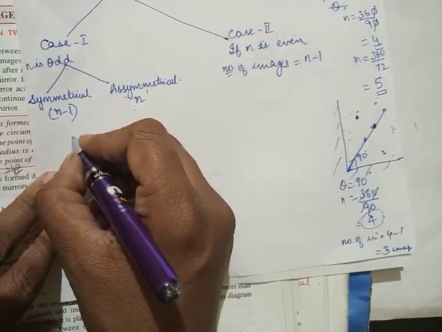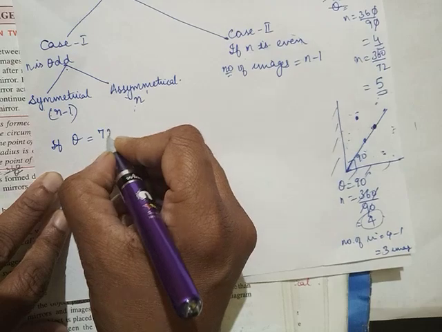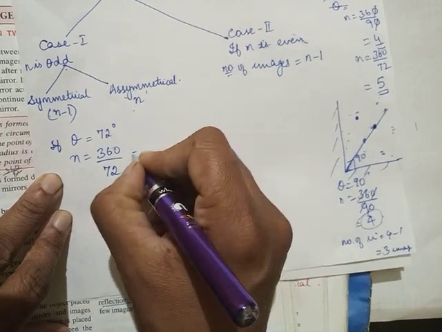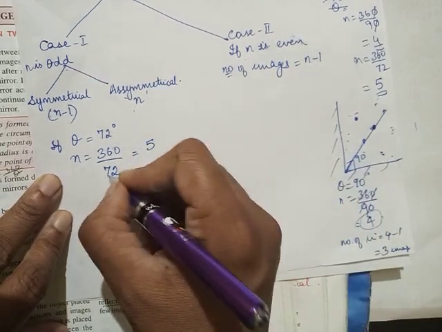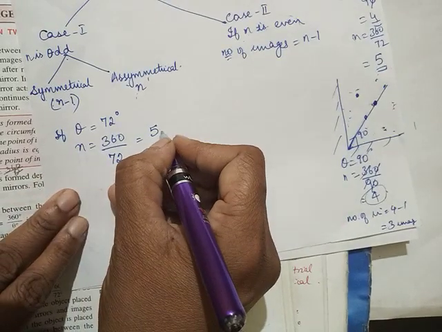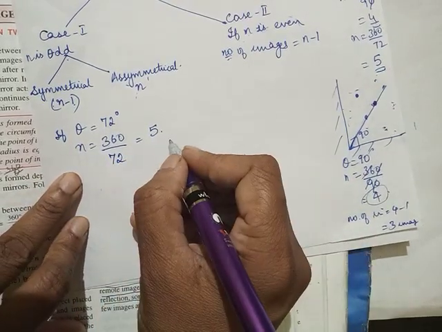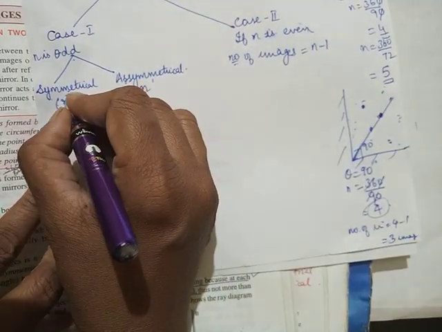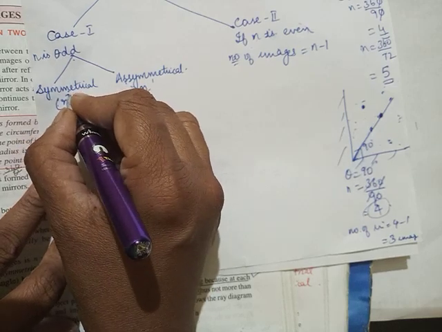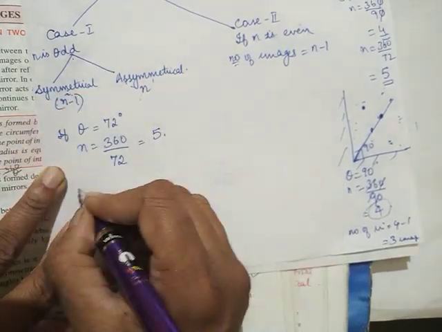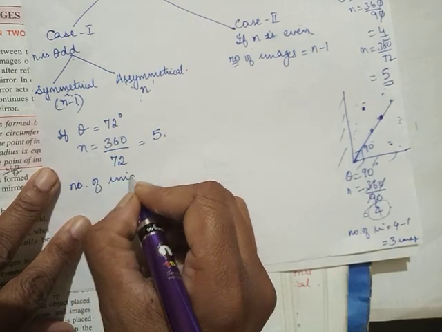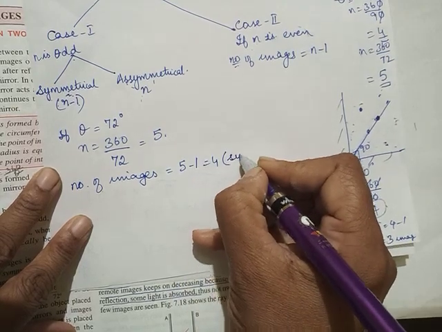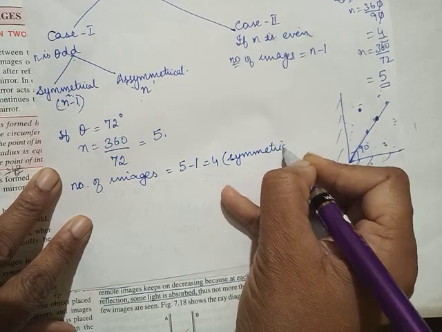But on the other hand, suppose theta is 72 degrees. So my n will be 360 by 72. This will be 5, because 72 fives are 360. So my n is odd now. In the question, they would have mentioned whether the object is kept symmetrical or asymmetrical. If the object was kept symmetrically in between the two mirrors, then your number of images will be 5 minus 1, that is 4. 4 images are formed.